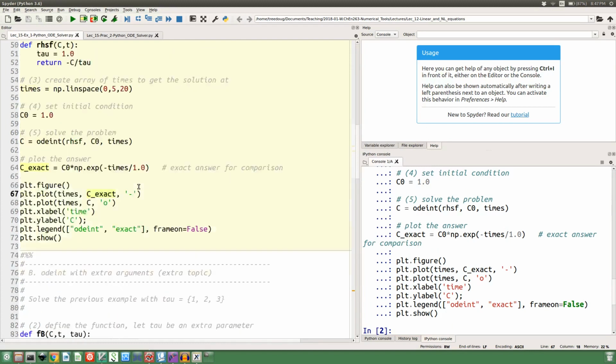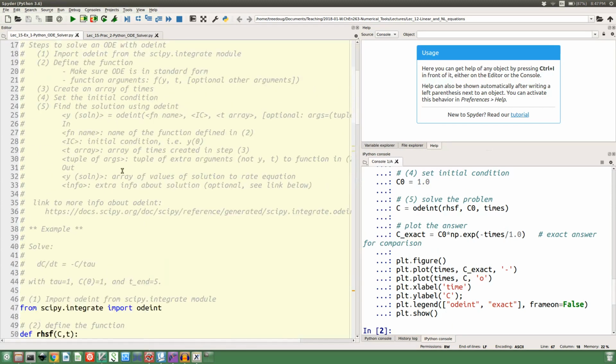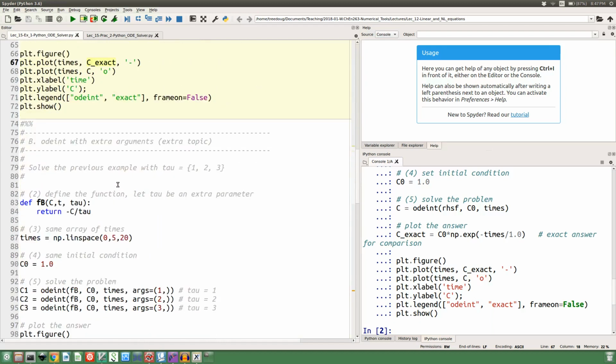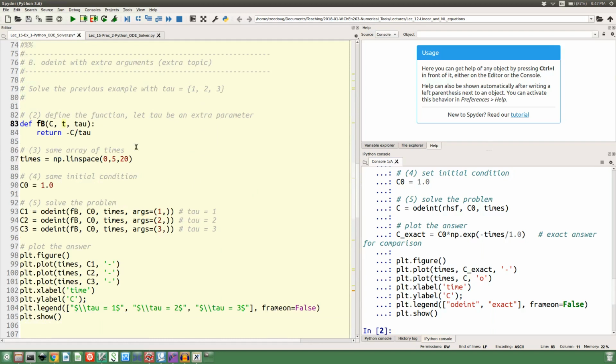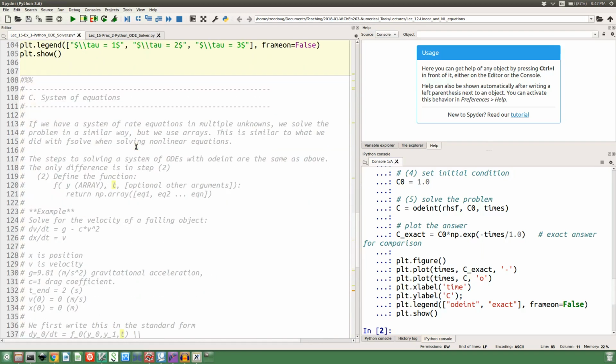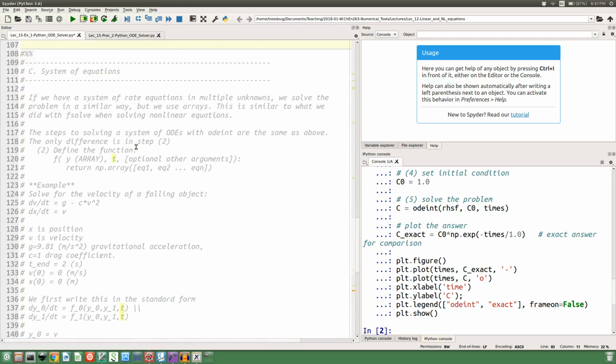Because I mentioned up here that you could have extra arguments, I also included an example with extra arguments where I include tau as an extra argument. It solves the previous example where you change tau between 1, 2, and 3. I won't go over that in detail, but you can look at that on your own time if you're interested. The last one that I'm going to cover is systems of equations.